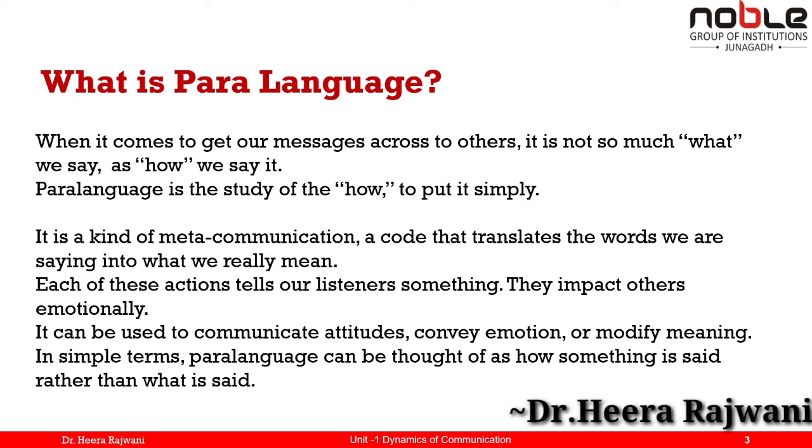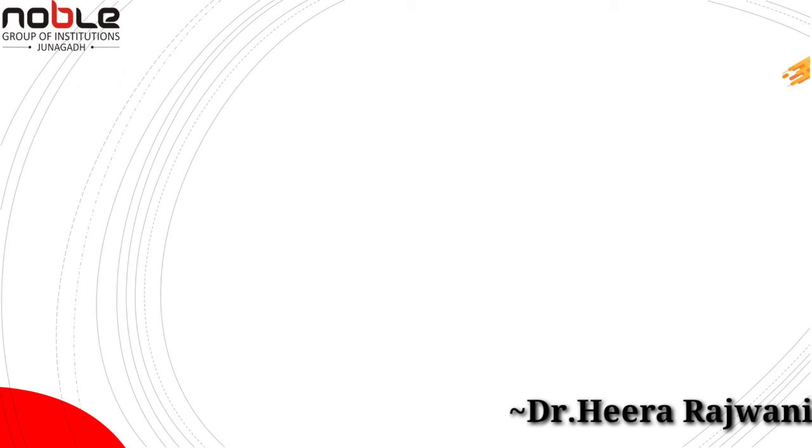If we want to make our speech emotional, then we can add paralanguage features, and these make our speech emotional. It can be used to communicate attitudes, convey emotion or modify meaning. Sometimes what we want to say, if we use paralanguage features, modifies the meaning. In simple terms, paralanguage can be thought of as how something is said rather than what is said.